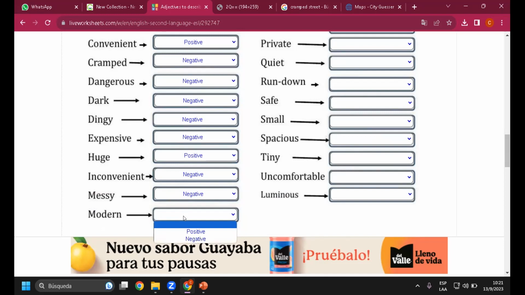Then we have modern. Positive. Okay, which countries are modern? Dubai. Japan. Any other one? Some cities. What about cities? Which cities do you consider are modern?